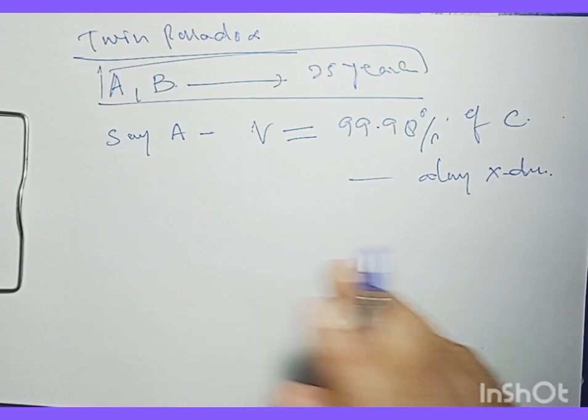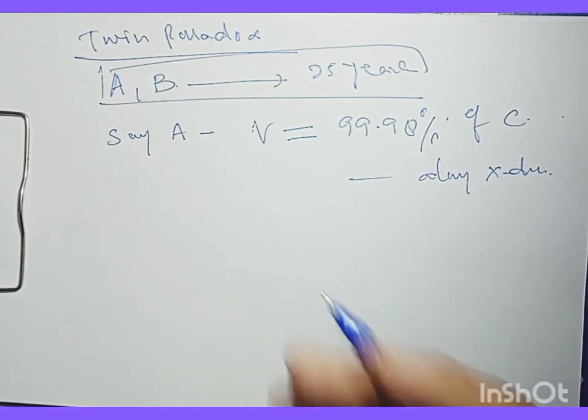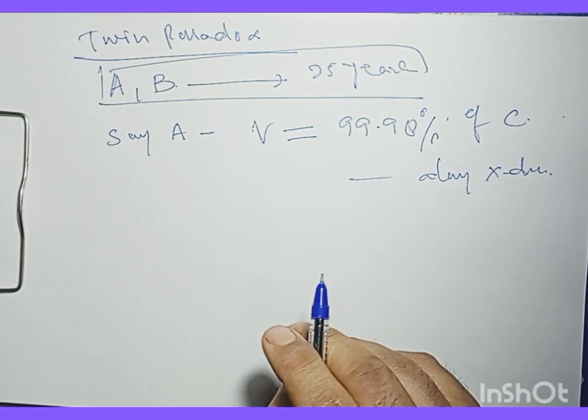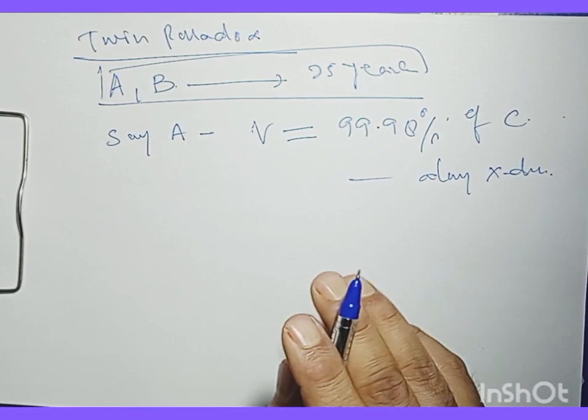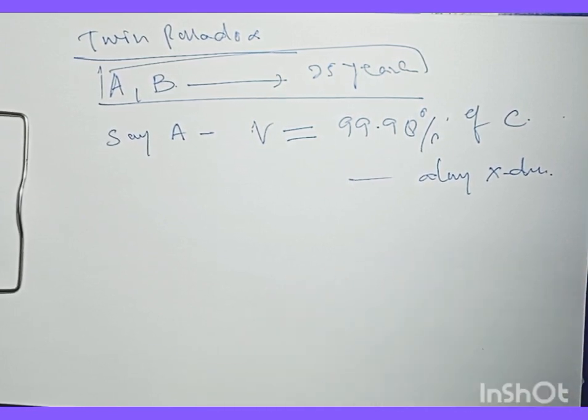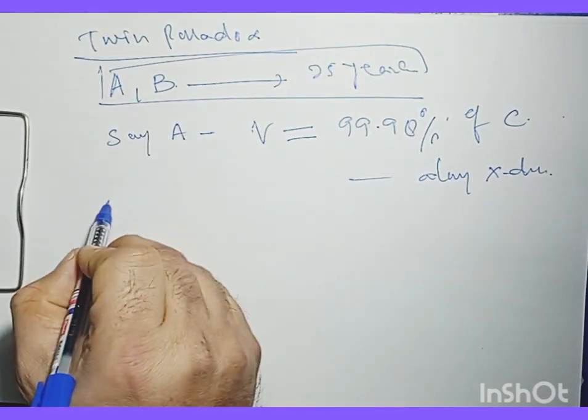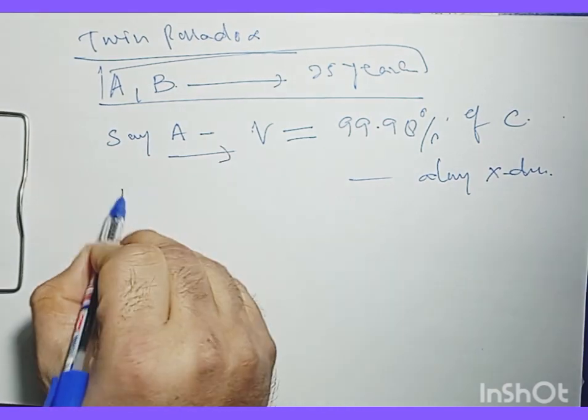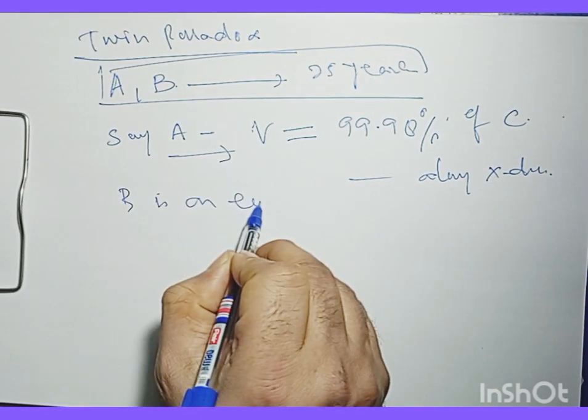He has all the things with him, food and bathrooms and all of these things, for, say, 1 year, and B remains on Earth. So A is gone and B is on Earth.